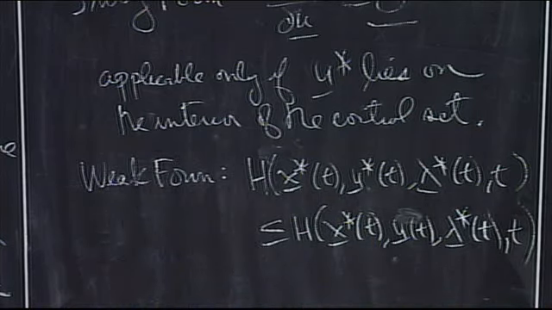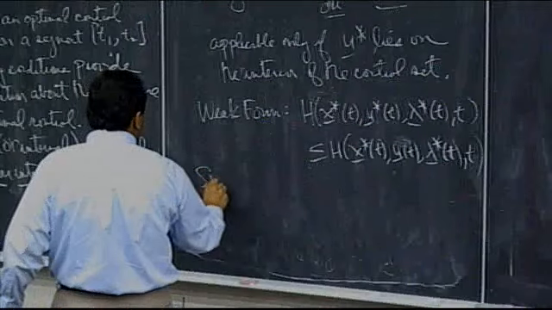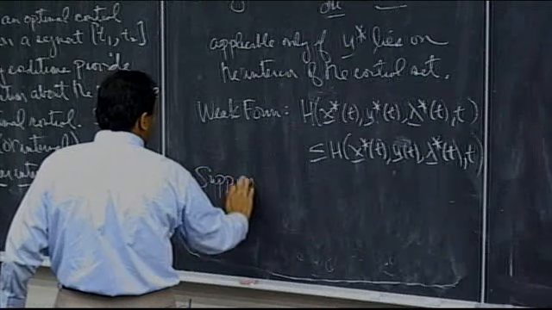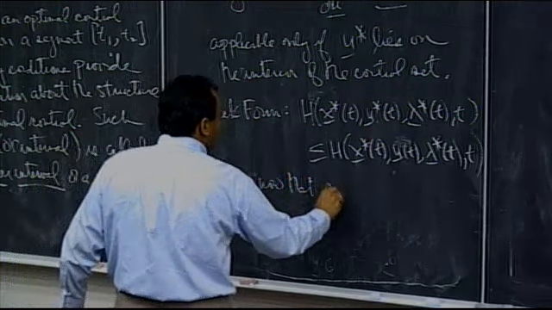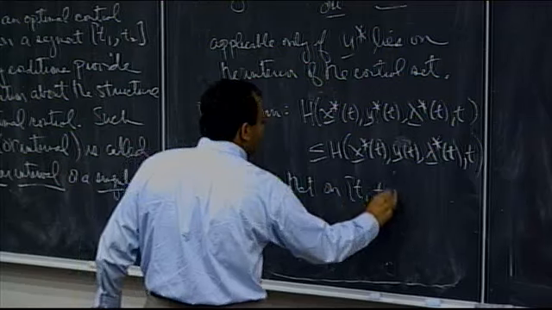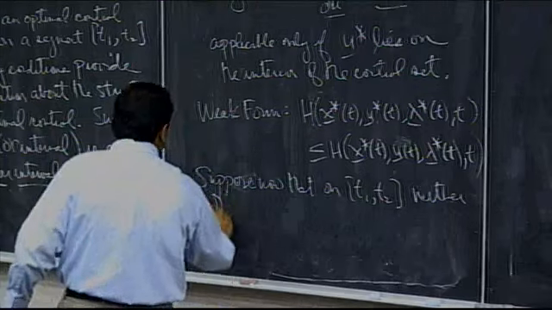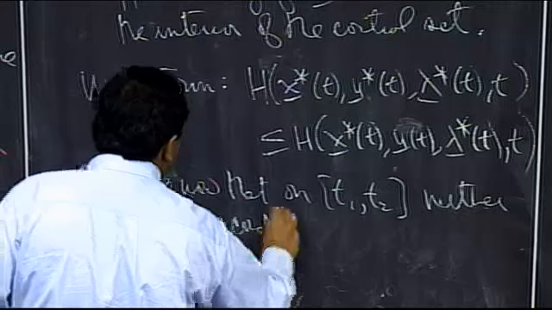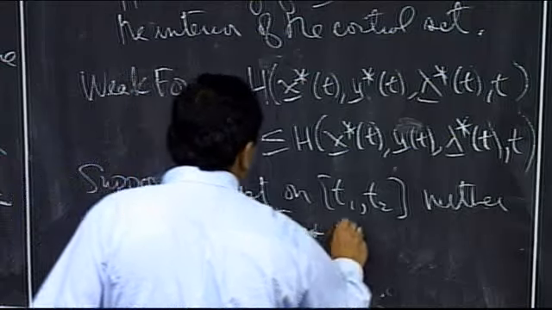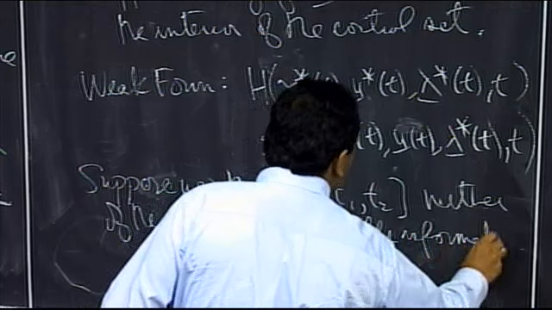But suppose we have a problem where on the interval t1 to t2 that I referred to here, suppose now that on t1 to t2, neither of the above conditions yields information about u star of t.